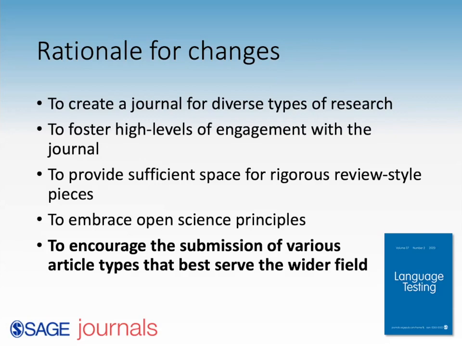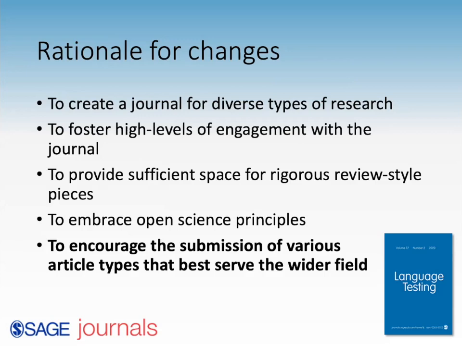So we wanted to accommodate diverse types of research. We wanted to foster high levels of engagement with the journal. So we wanted the journal to become also a forum for discussion, and in some ways to perhaps lead discussion in the field. We wanted to provide sufficient space for rigorous review style pieces.